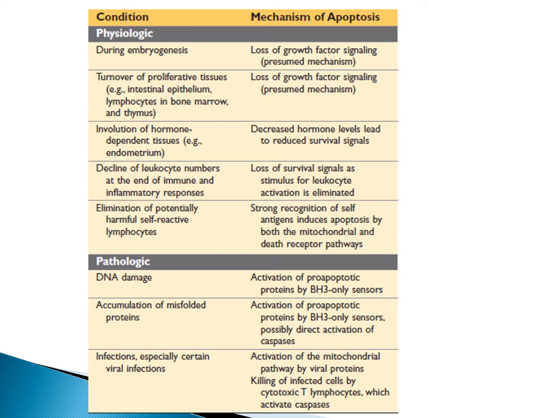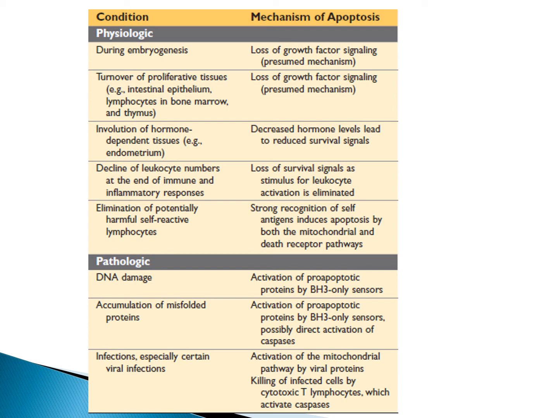So physiologic, as I said, during embryogenesis and the turnover of proliferative tissues to maintain a steady number of cells like in the intestinal epithelium, lymphocytes in the bone marrow, for example, involution of hormone-dependent tissues like we said the endometrium and the breast after the cessation of lactation, decline of leukocyte numbers at the end of immune response, and elimination of self-reactive harmful lymphocytes.